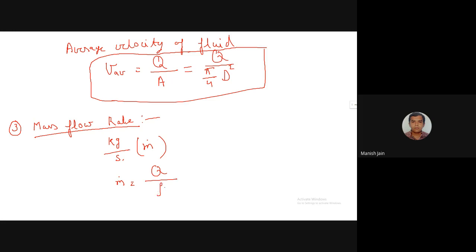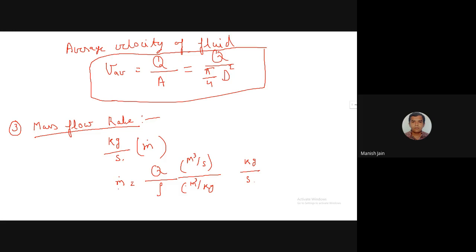Rho is density, the meter cube per kg. Here you have the unit meter cube per second, and here meter cube per kg. When you divide both, you will get kg per second.